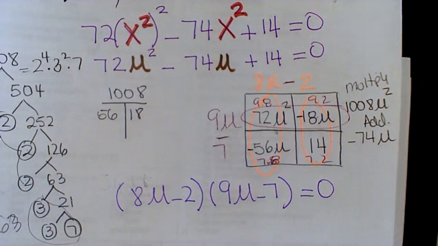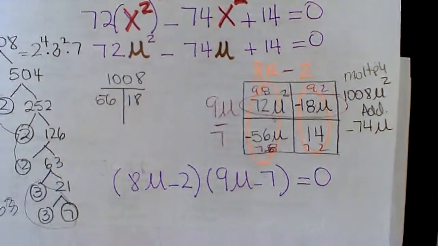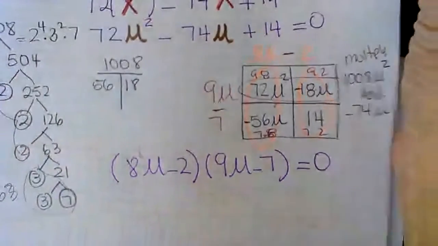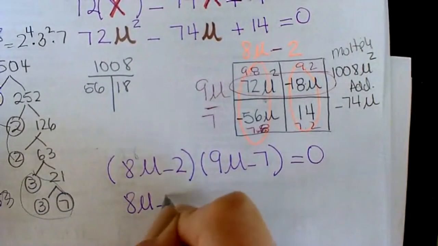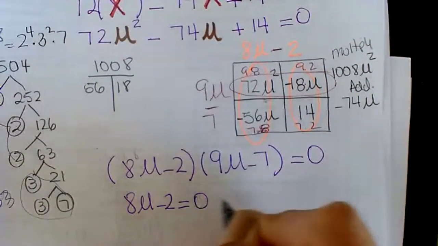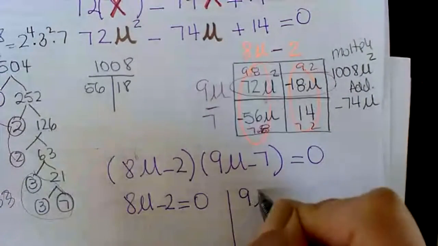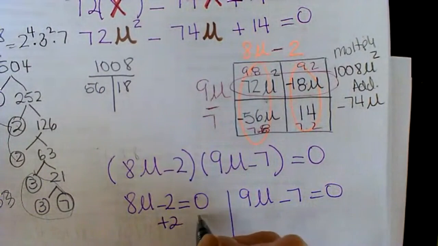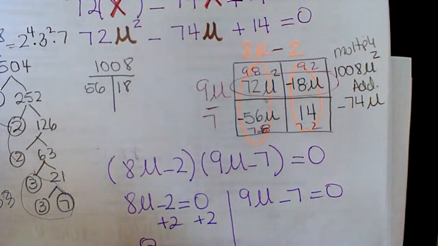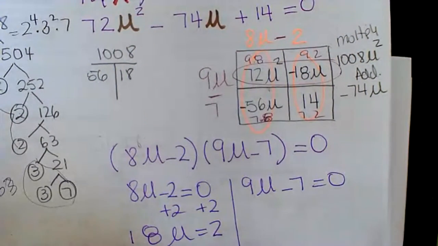Got it? You got 4 minutes to do this. So let's do it. So we have 8u minus 2 equal to 0 and 9u minus 7 equals 0. So we're adding 2 on both sides and multiplying by the reciprocal.